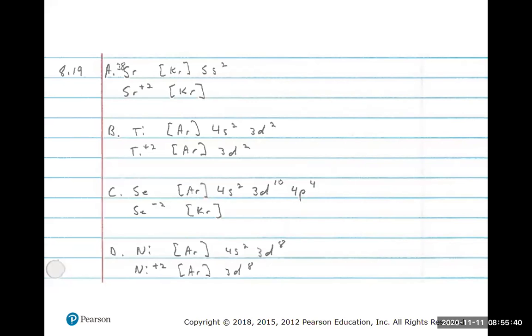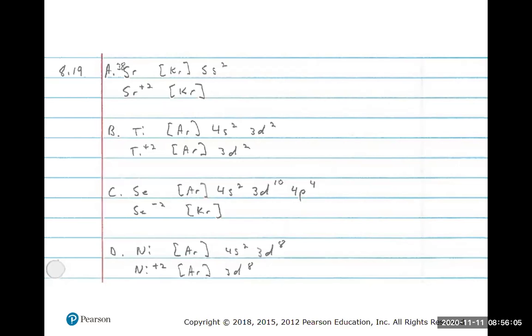In B, we see we have 4s2 and 3d2 as the valence electrons. Once again, we form a +2 ion. And remember, when we lose 2 electrons like this, we lose them from the highest principal quantum number.